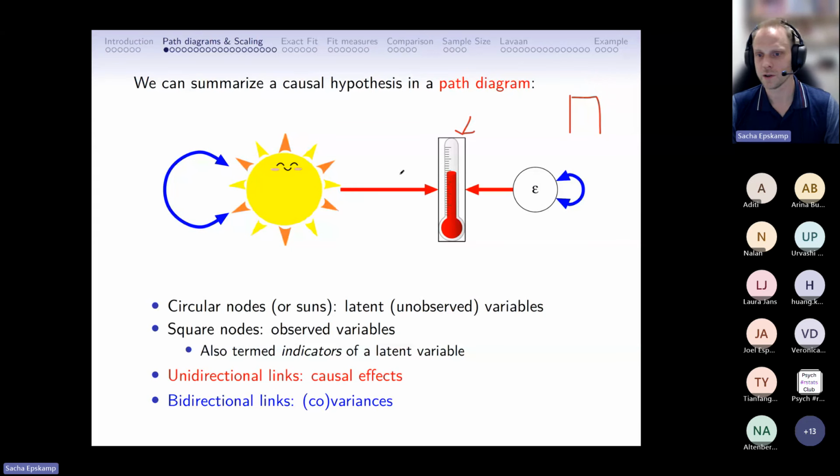Then we have also the arrows. We have two types of arrows here. A unidirectional link, so an arrow. This is what we can interpret as a causal effect. You can also interpret it as a regression. But you can take a stronger interpretation, and there's quite a lot to say about that. So I won't do that here, but you can discuss this in way more detail.